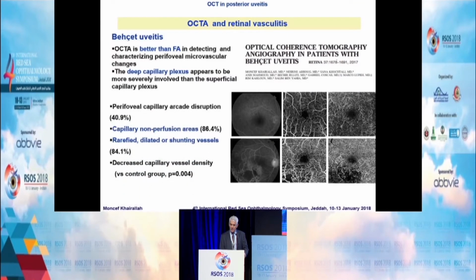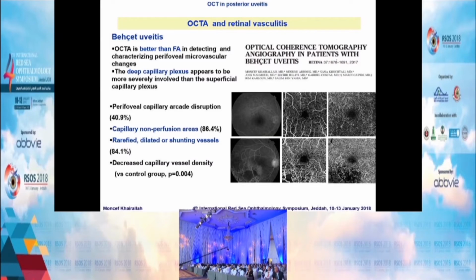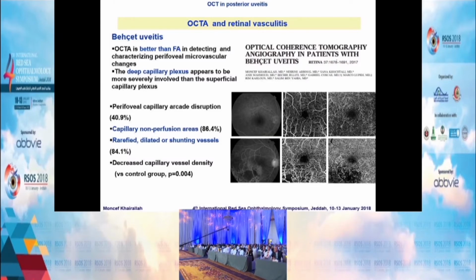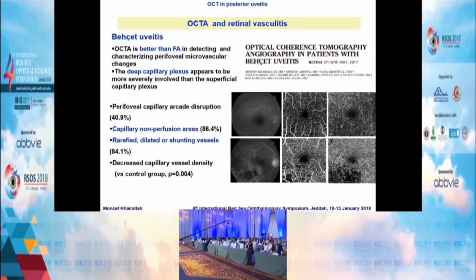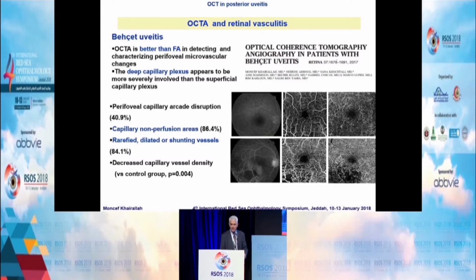We performed a study on Behçet uveitis, and OCT angiography was found to be better than fluorescein angiography in detecting and characterizing perifoveal microvascular changes. In this study, the deep capillary plexus was found to be more severely involved than the superficial capillary plexus.